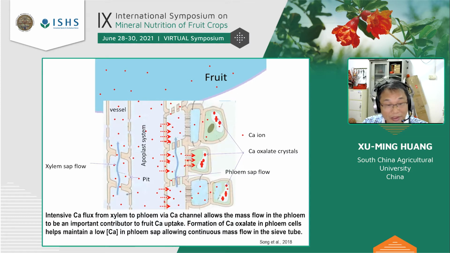Therefore, there is an intensive calcium flux from the xylem to the phloem via calcium channels, which allows the mass flow in the phloem to be an important contributor to fruit calcium uptake. And the formation of calcium oxalate in the phloem cells helps to maintain a low calcium concentration in the phloem sap, allowing continuous mass flow in the sieve element.